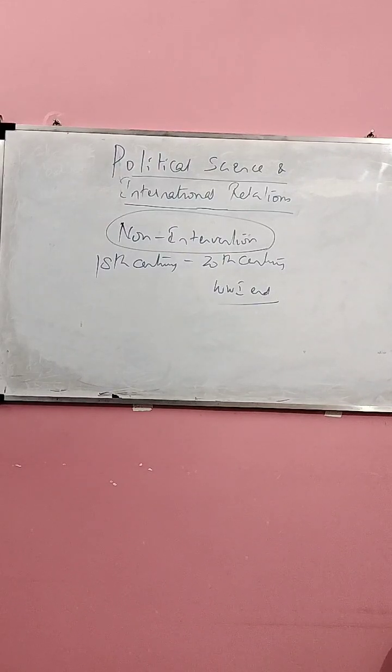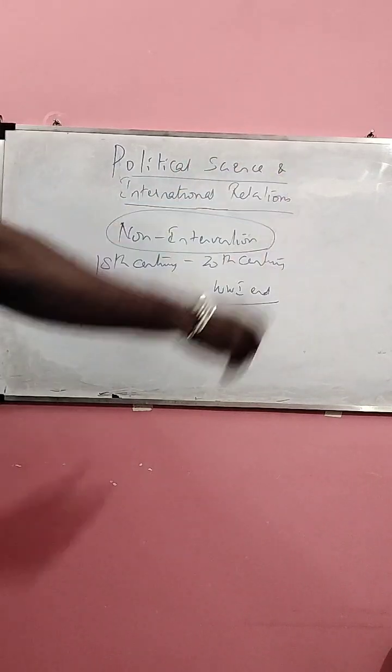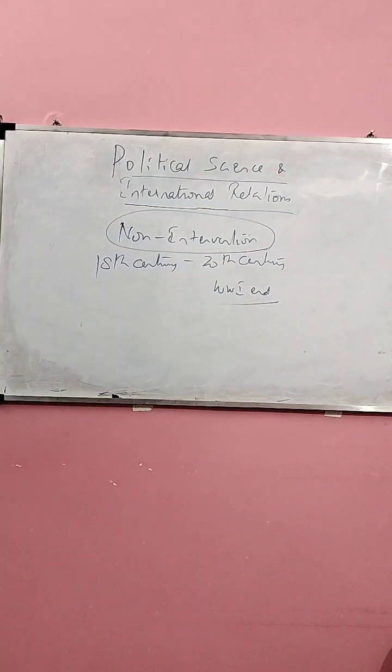Non-intervention tells that a state will not involve itself in military alliances or wars. It will not involve itself in the politics of other states. For example, if the European states fight among each other, US does not have anything to do with this conflict. It simply stays away.